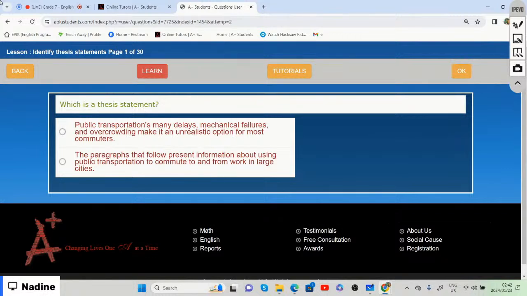Public transportation's many delays, mechanical failures, and overcrowding make it an unrealistic option for most commuters. And then also the paragraphs that follow present information about using this public transportation to commute to and from in large cities.